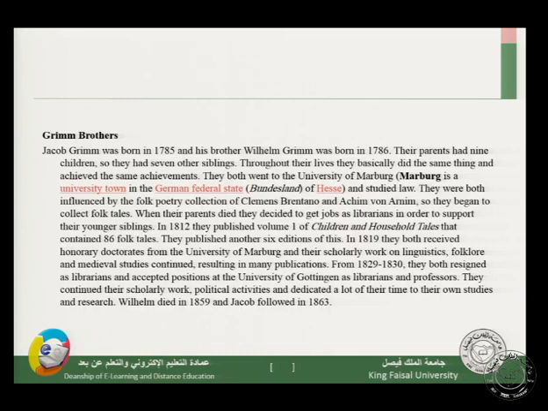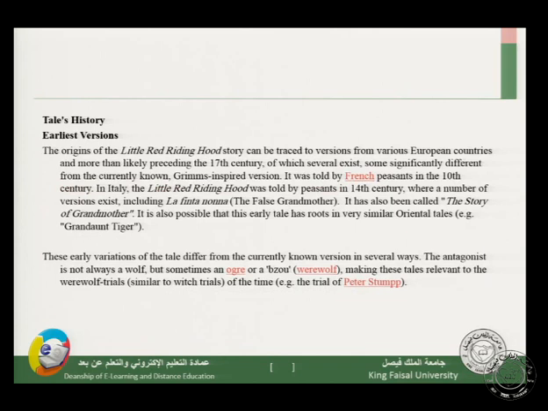All you need to read is just the first part of the biography, just what is related to children's literature and what they did for children. In 1812 they published volume 1 of Children and Household Tales. Okay, and their interest in children's works and writing for children. Remember, this name is important, please, in the world of children's literature.